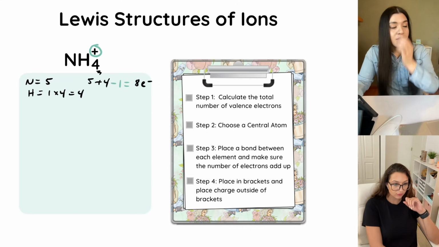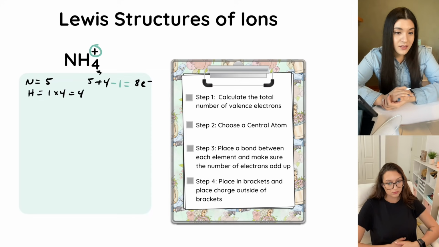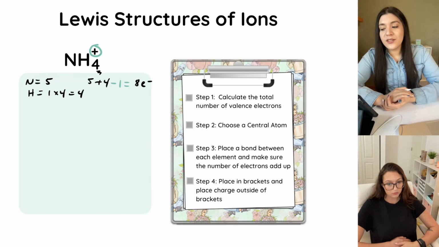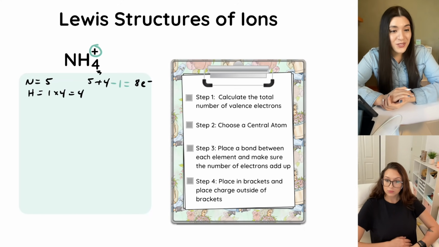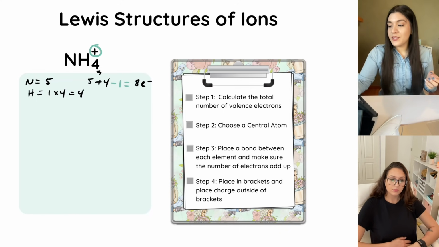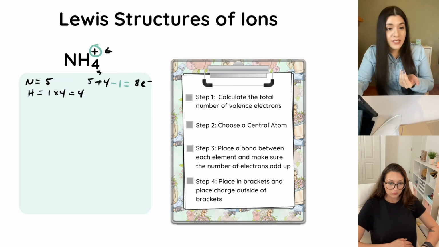That's something to also note: you're not going to have an odd number of valence electrons, because that would mean we wouldn't have a pair, like a lone pair. If you were to see that, I'd say double check. Most likely there is a charge that you're forgetting to apply. That's why in this case we had to have this charge to reduce that number from 9 to an even number of 8.